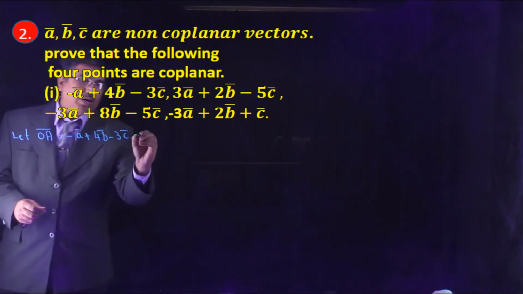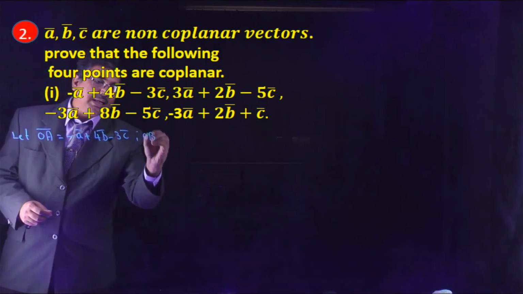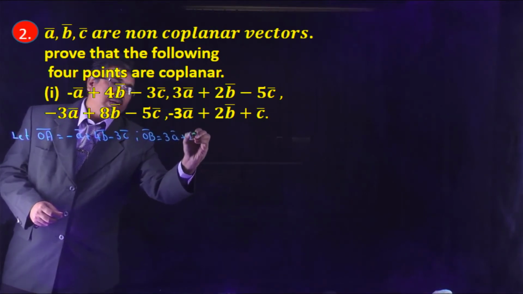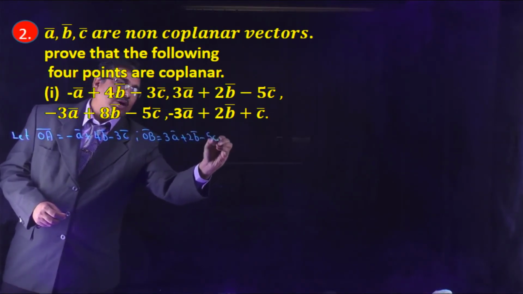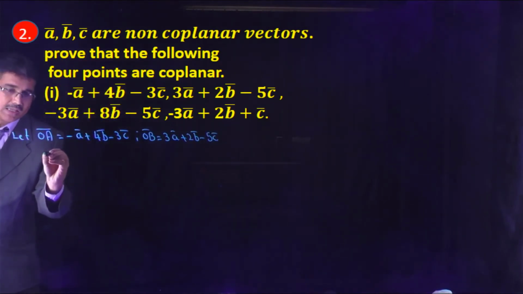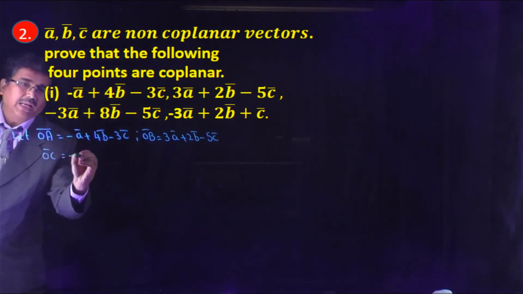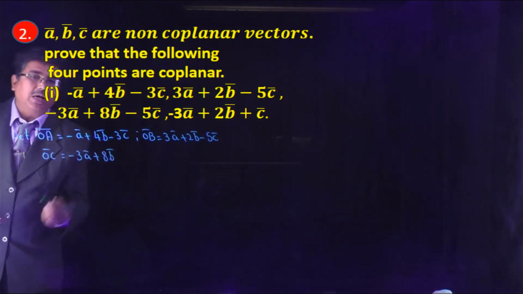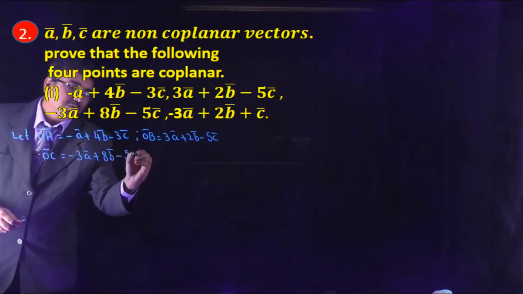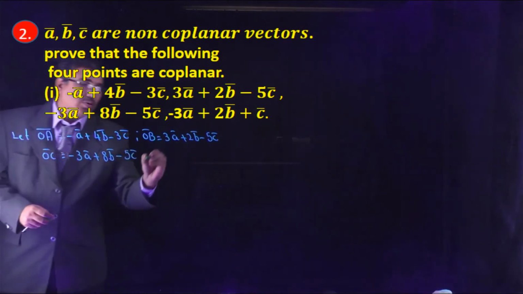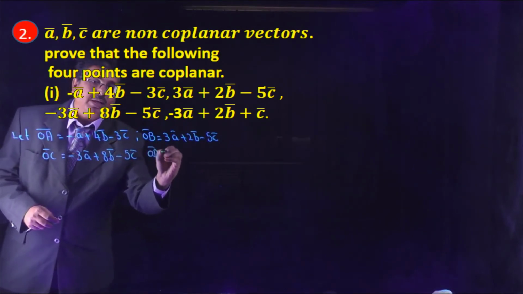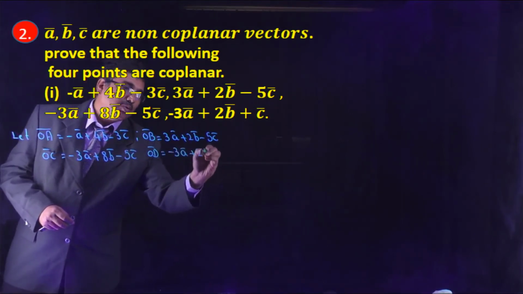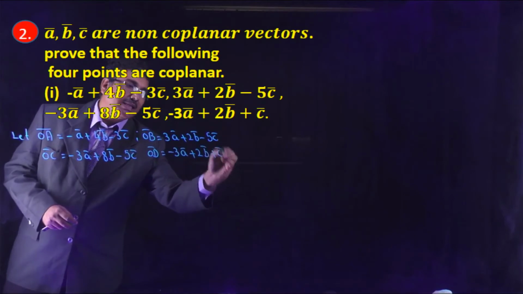OB bar is equal to 3a bar plus 2b bar minus 5c bar. OC bar is equal to minus 3a bar plus 8b bar minus 5c bar. OD bar is equal to minus 3a bar plus 2b bar plus c bar.